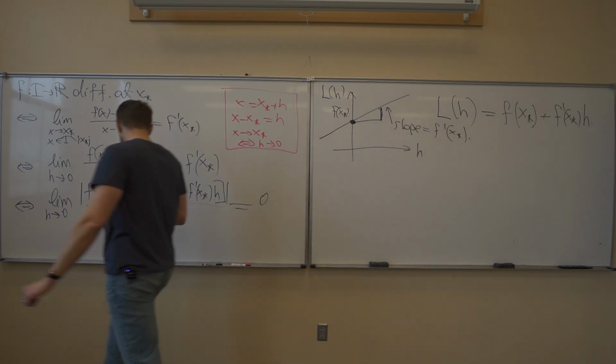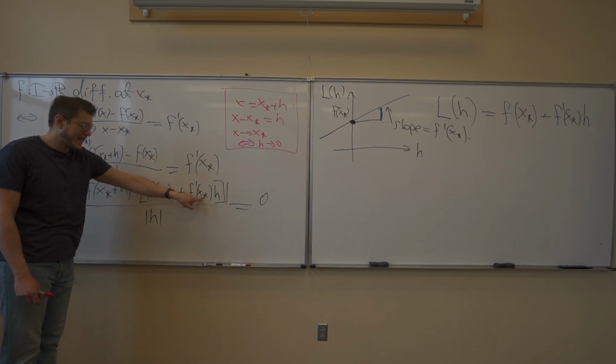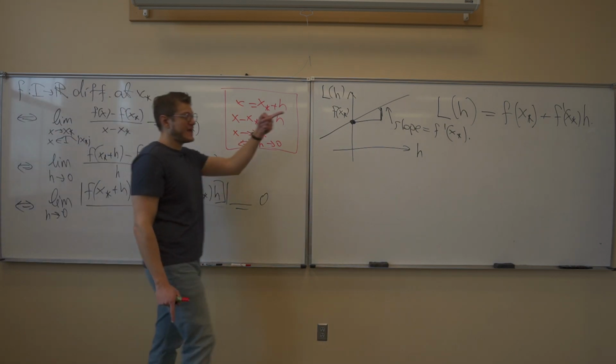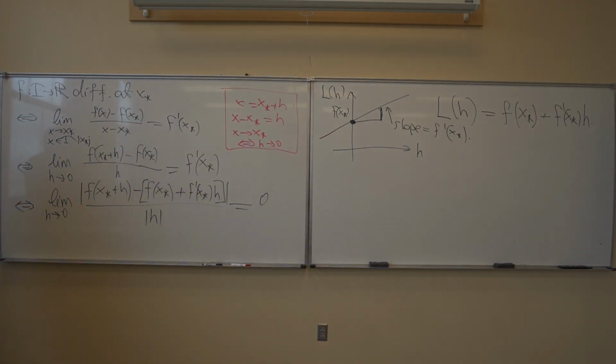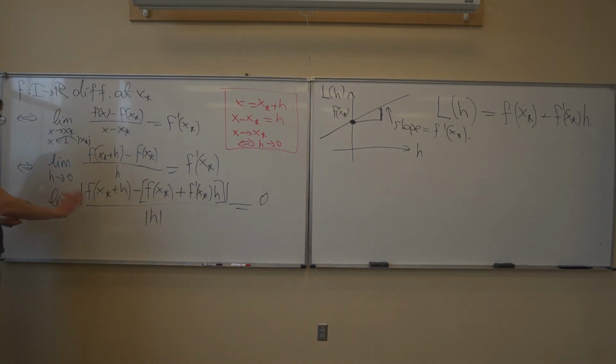Any questions about this? The variables get confusing because we have the variable x, which possibly we're going to move, but we have another variable, h. When you take the derivative, you forget about the h, of course, because this expression, once you take the derivative, is independent of h.